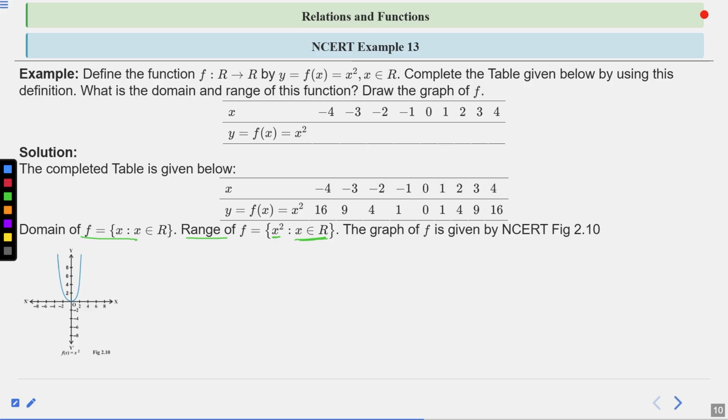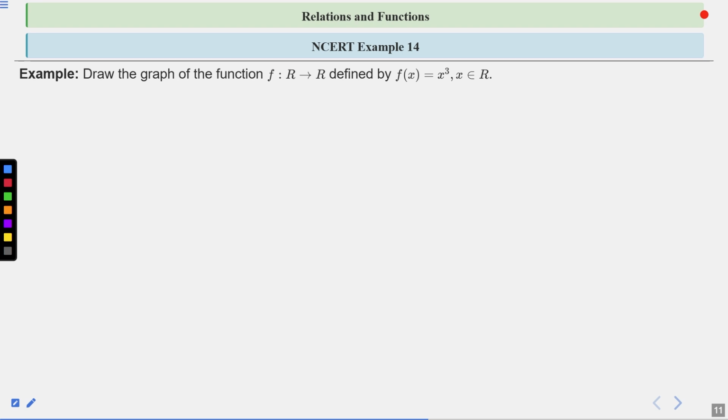Clear? Now the graph is simply of the form of a parabola, or you can say an open cup. Clear?